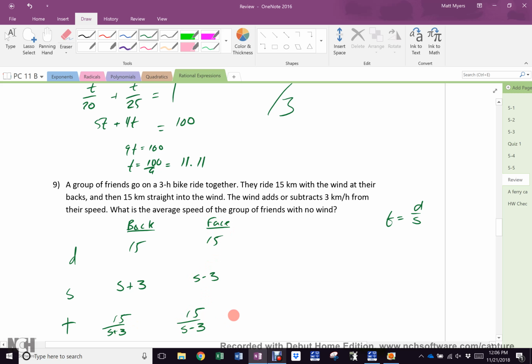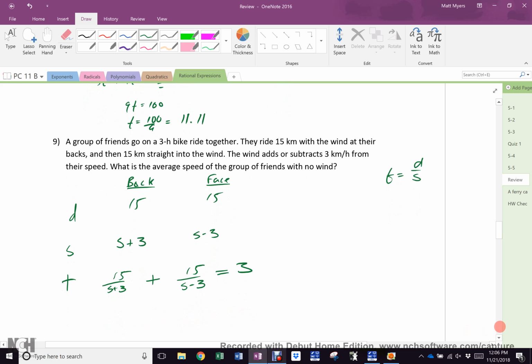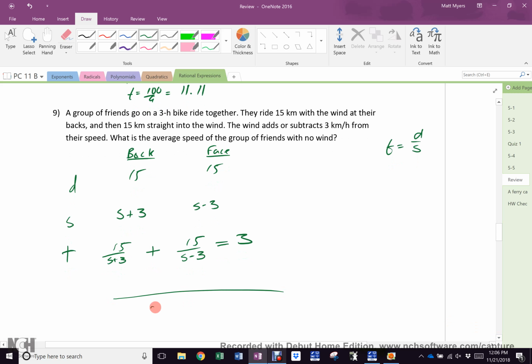So what's my total time? Equals 3. Solve it. What's the common denominator? S plus 3 times S minus 3. I'm going to do a cheaty thing here: S squared minus 9. Why? Because that's easier to multiply up here than doing FOIL. Okay.